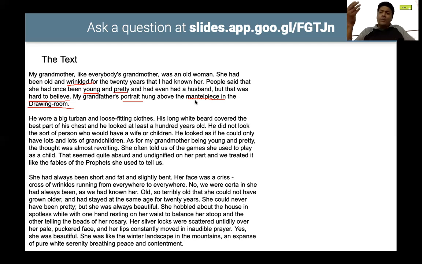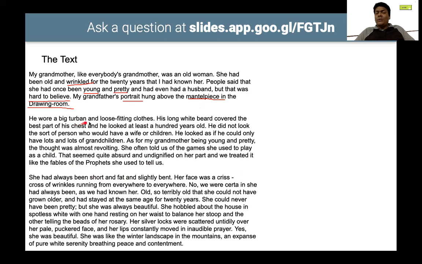Above it, the picture of the writer's grandfather was hung, in the drawing room. Looking at the grandfather's portrait and thinking about his grandmother, he could not believe that she was young and pretty once.